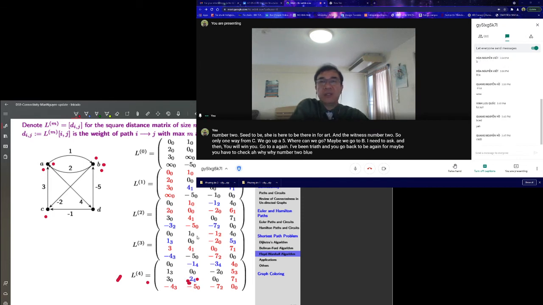Interesting, you see? It can be updated from the previous, but the previous was number 4. And you see the new phenomenon happening here when you go from L3 to L4: from C to B, the label was already red, and now it is updated to a smaller value, number 2. So interesting.